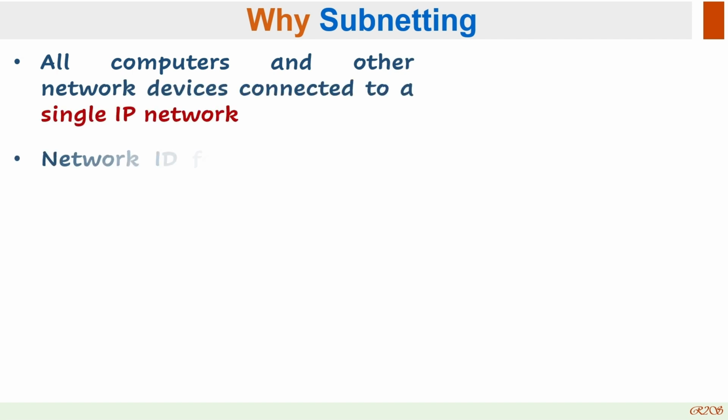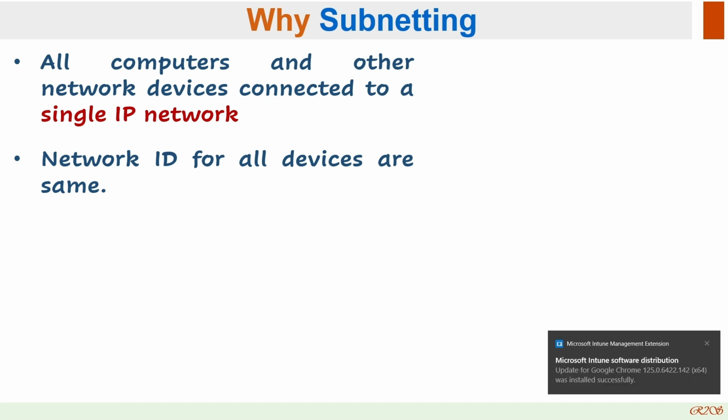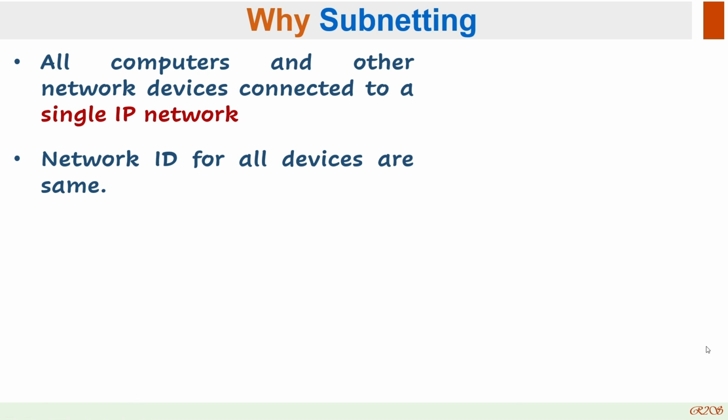If we don't do the subnetting, that means all the computers or all the network devices are in a single IP network, and all of these devices have one network address or network ID.